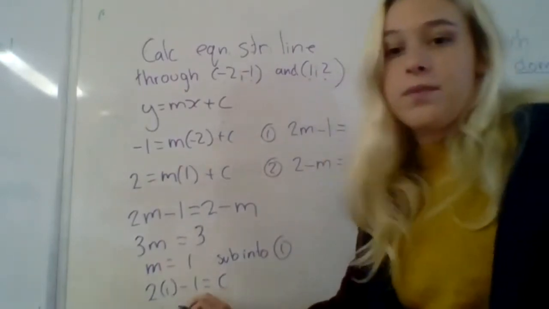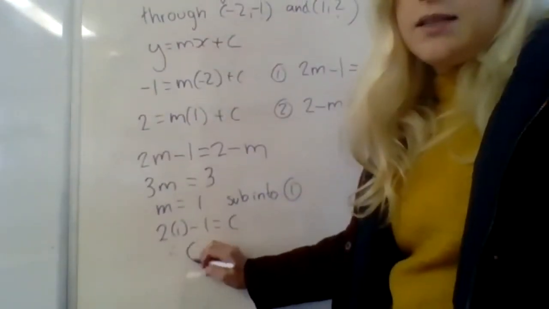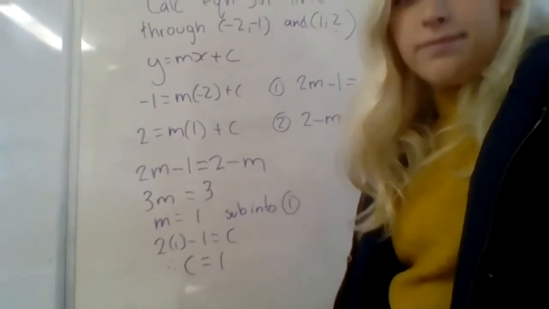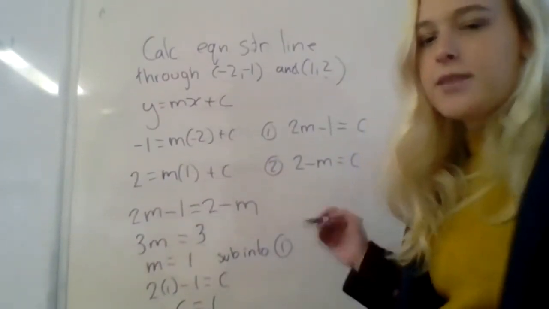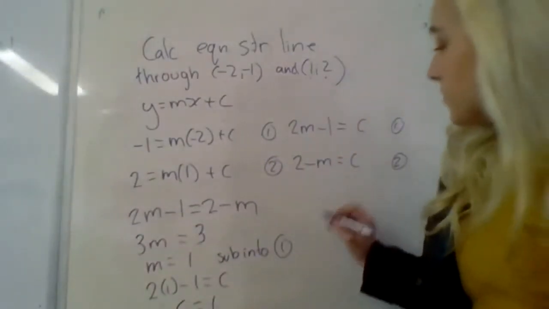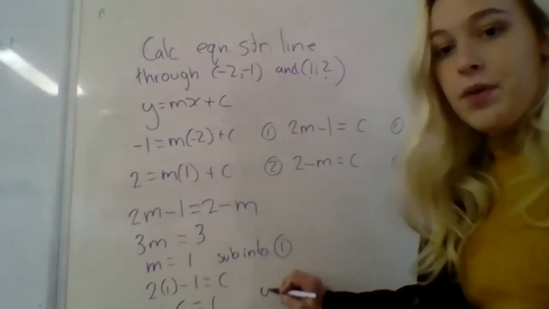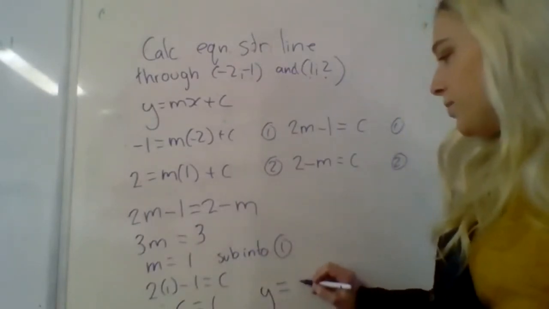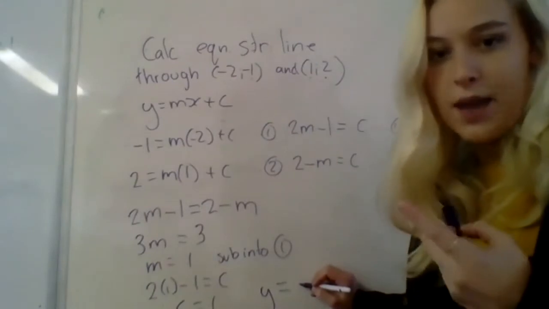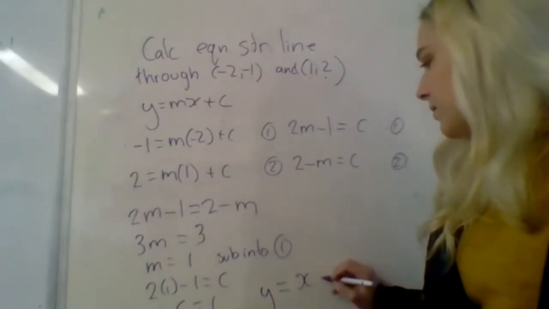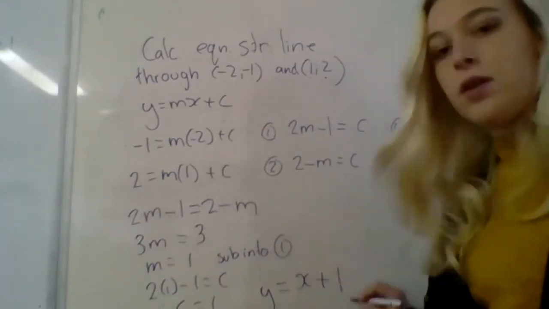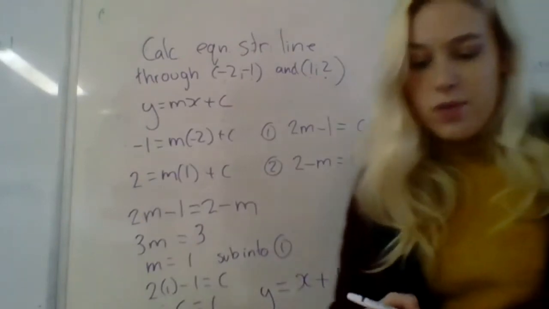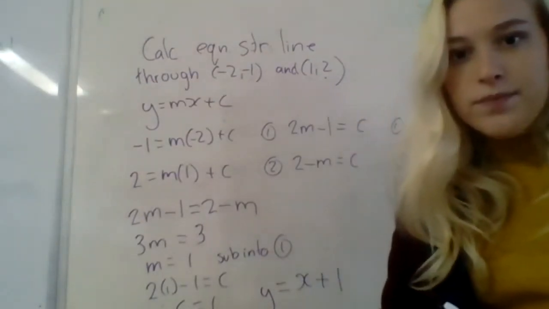So therefore c is equal to 1. If we write out our whole equation, it would be y is equal to 1, which is m, x plus 1, which is our c. So y equals x plus 1 is our equation.